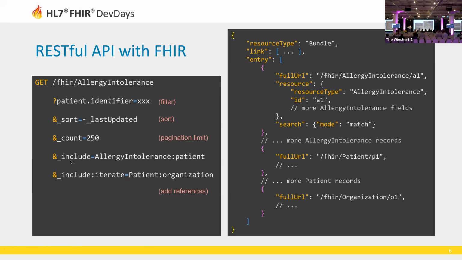And so we have both include, which comes back with a patient resource, and include iterate, which comes back with the organization resource associated with the patient resource associated with the allergy intolerance. And the response comes back with your allergy intolerance resources as well as your patient resources and the organization that is tied to this.